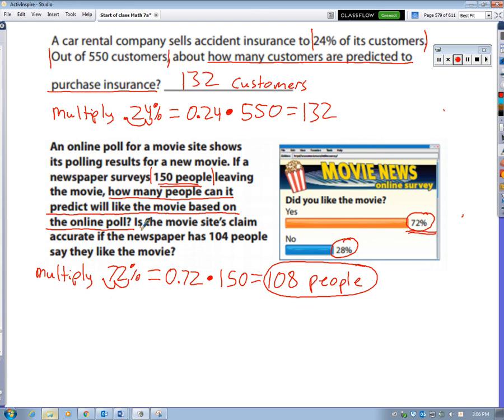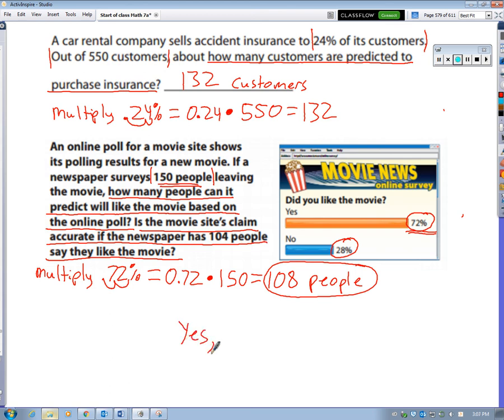The next question. Is the movie site's claim accurate if the newspaper has 104 people say they like the movie? Well, it is accurate because there's 108 people predicted to like the movie, and they're saying 104 people liked it, so yes, that would be just fine if they say that.